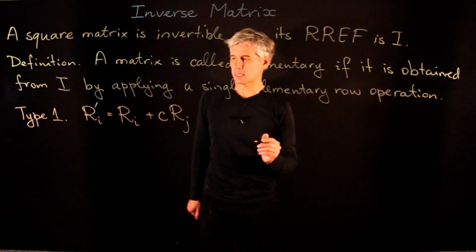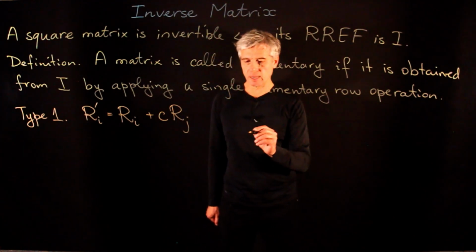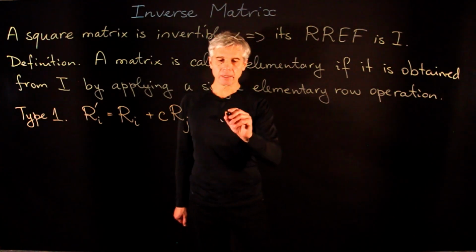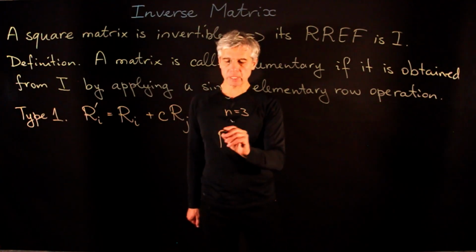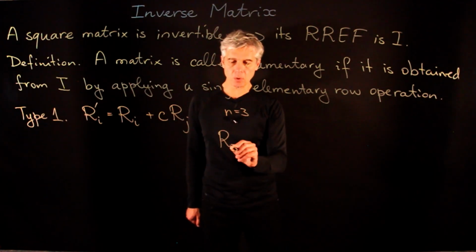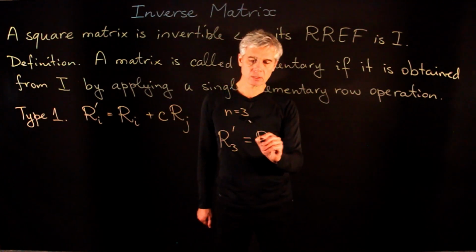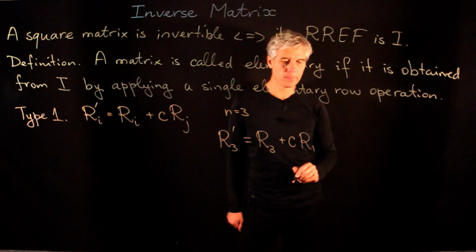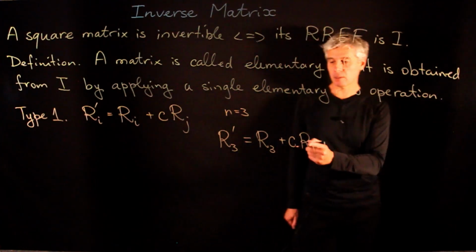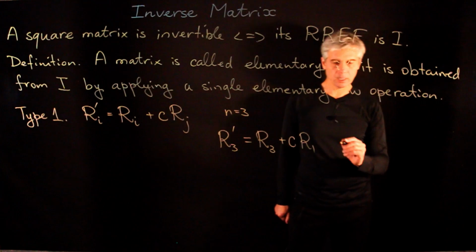Let's consider an example. Suppose we have 3 by 3 matrices, and so let's say that row 3 new is row 3 plus c times row 1. Now, what is the corresponding elementary matrix?